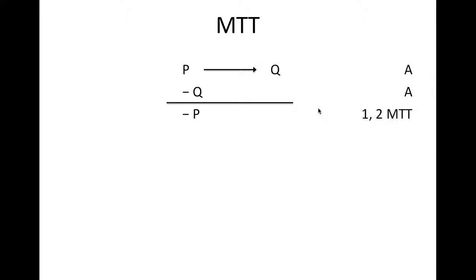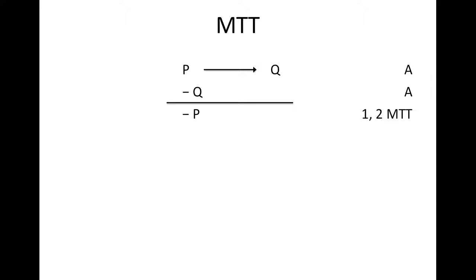What MTT is able to do is work backwards across conditional statements to achieve the negation of the antecedent, which is the left-hand side, if we have the negation of the consequent. So if we have negative Q, then MTT will allow us to jump across and get negative P.